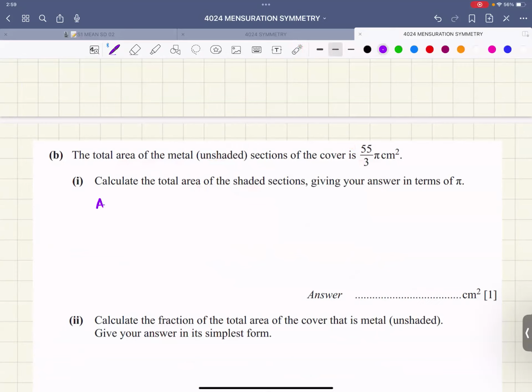So area of circle is pi into 4 square, that is 16 pi. So 16 pi minus 55 over 3 pi. Take pi common. This is 16 into 3 minus 55. Hold for a second.